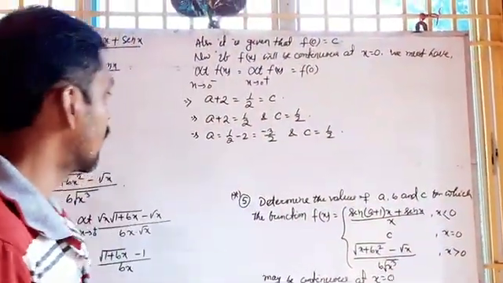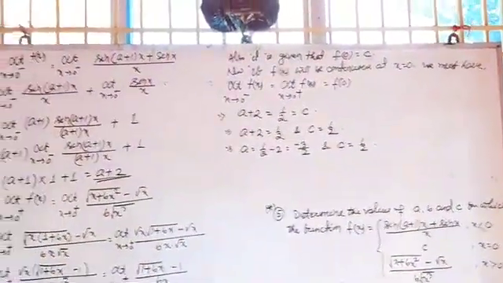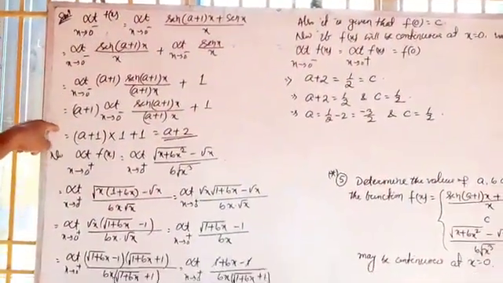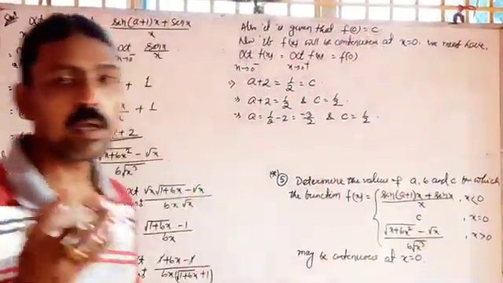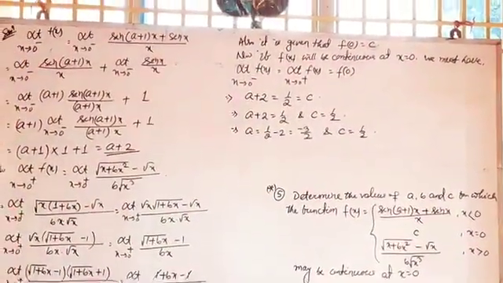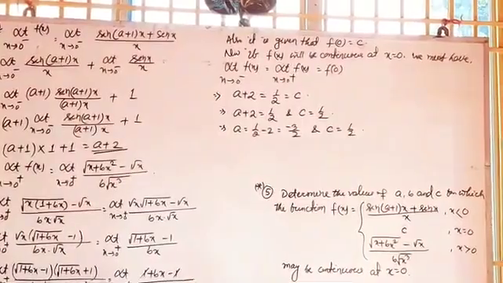What about b? Now you see, in all these three cases, that means in the left hand limit, the right hand limit, and the value of the function, b is not there, it is independent of b. That means b can be taken as any real value.